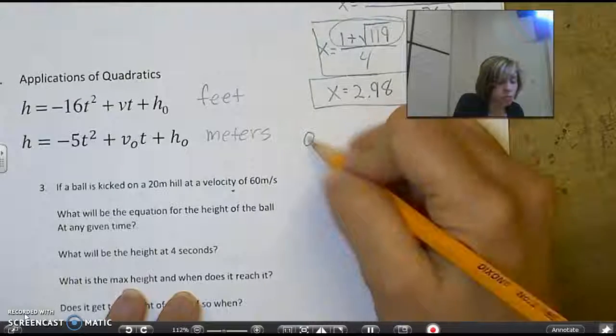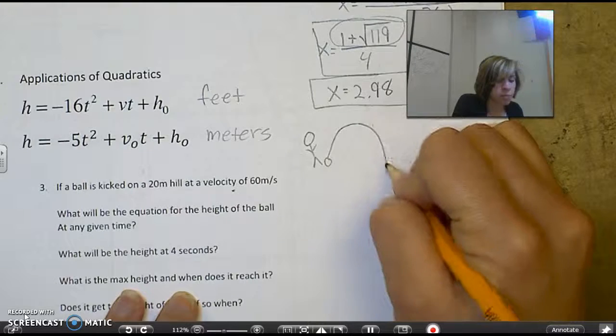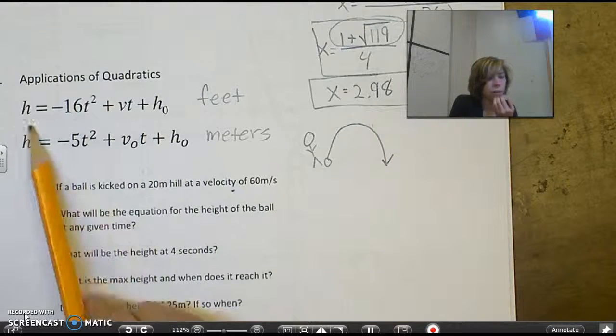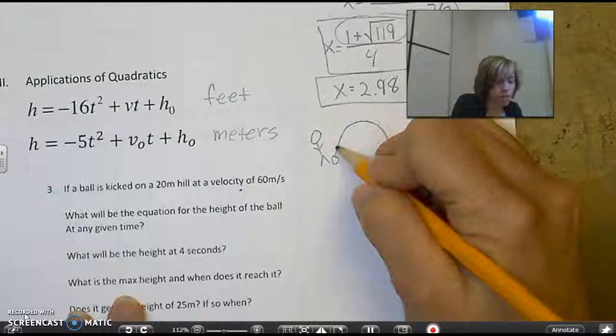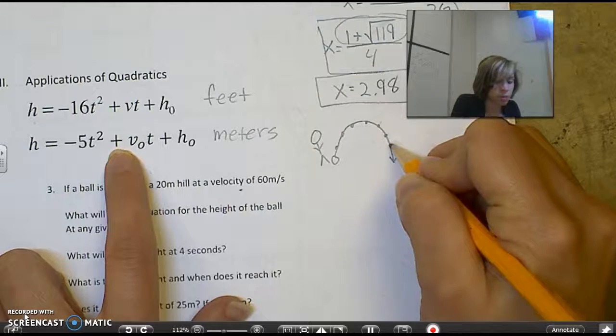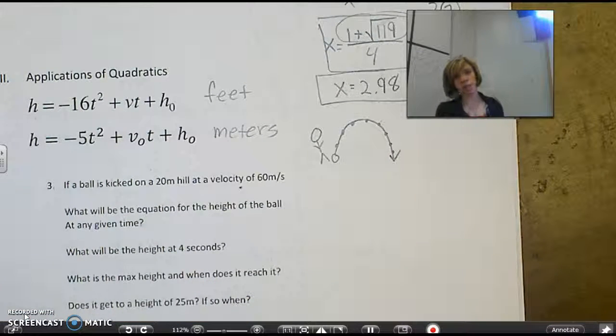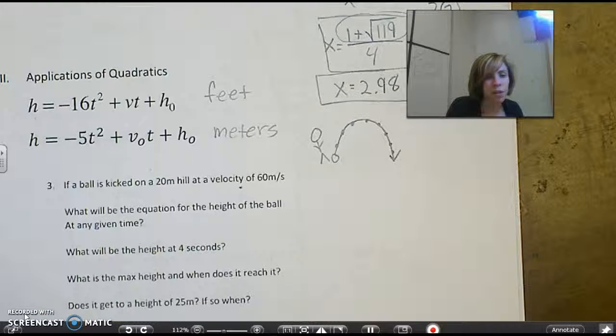So when you throw a ball or kick a ball into the air, it's going to go up and it's going to come down. These equations describe this kind of motion. At any given time, this equation should tell you how high this ball or whatever the object is in the air. Okay, so if a ball is kicked on a 20-meter hill at a velocity of 60 meters per second, what will be the equation for the height of the ball at any given time?